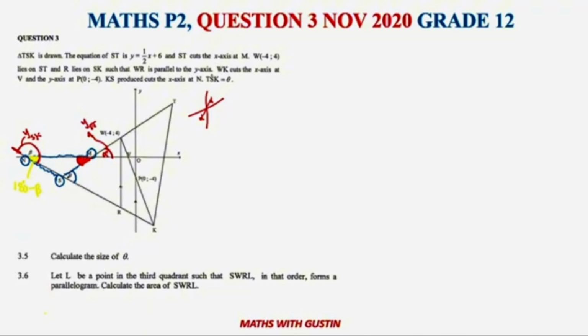Theta is the exterior angle in this triangle here, N, M, S. Therefore theta is going to be angle N, which we got after subtracting that beta there, plus angle M, the sum of the internal opposite angles.